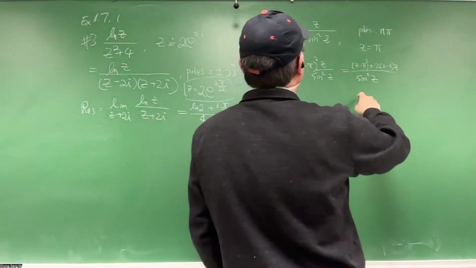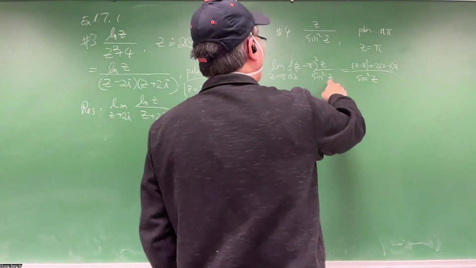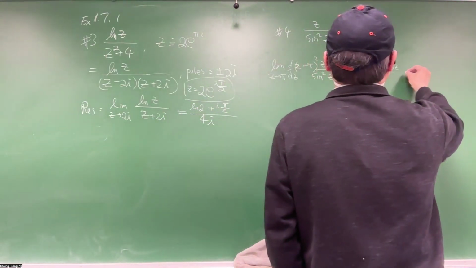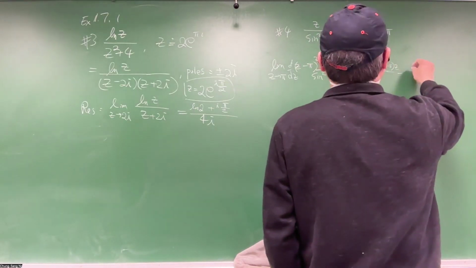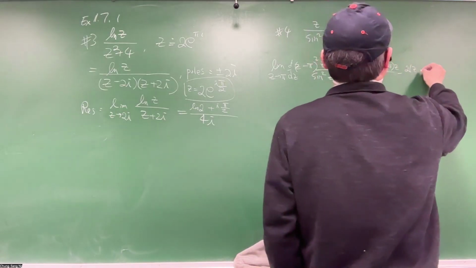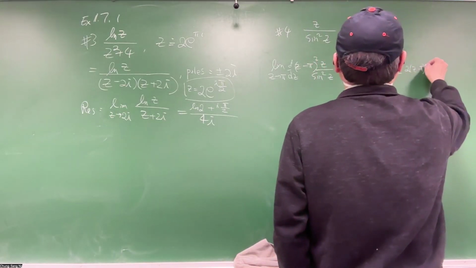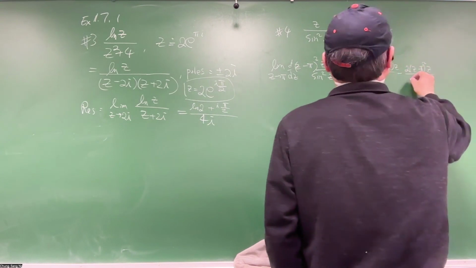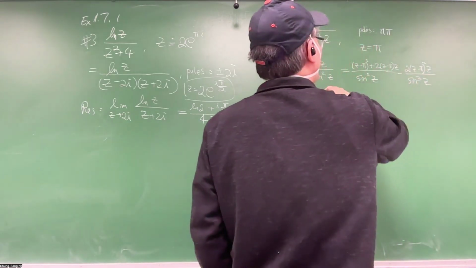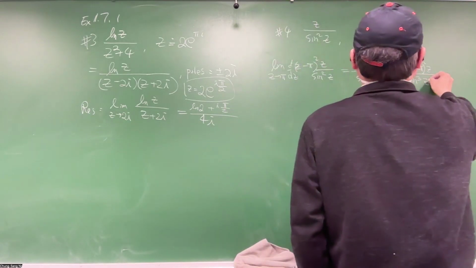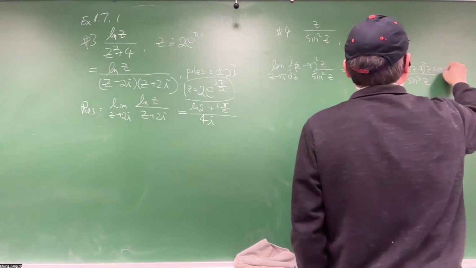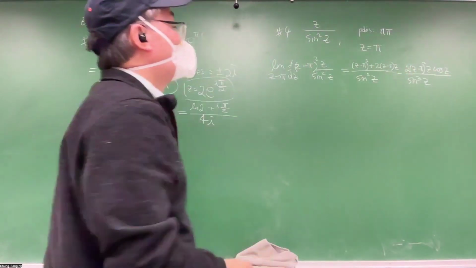Okay. And then you take the derivative of the denominator, minus 2, and keep the numerator, and this one sine cubed of z, and then cosine of z, right?